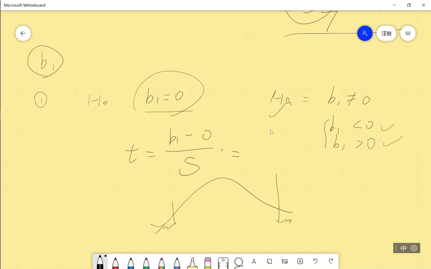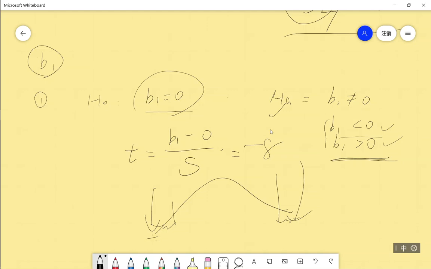Let me draw a two-tail here, and say this is 8, a random big number, it falls into this tail, the alternative tail. So this is the rejection area. And of course, if there's a minus number, it also falls into this rejection area, because we do have B1 less than 0 here. So that's how we do it.